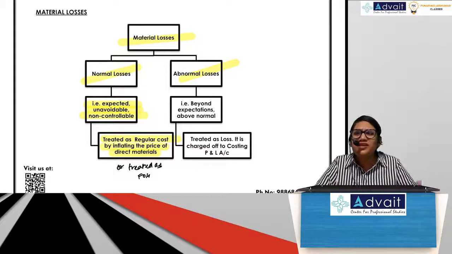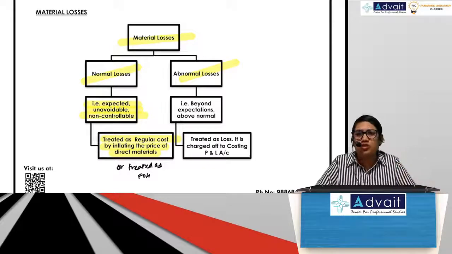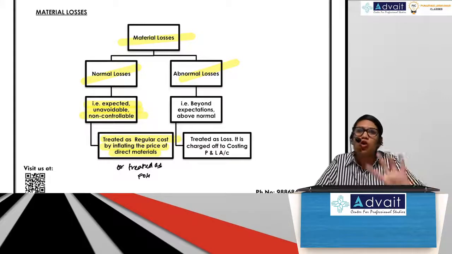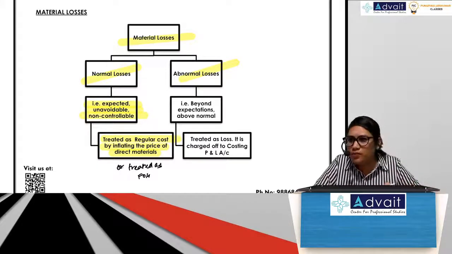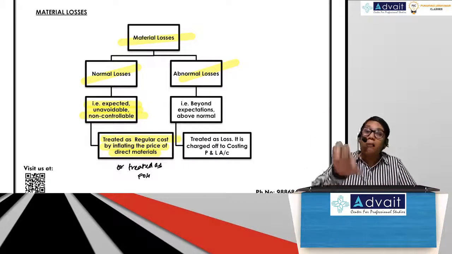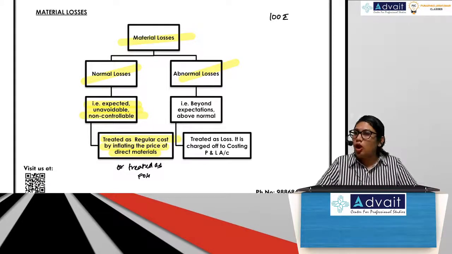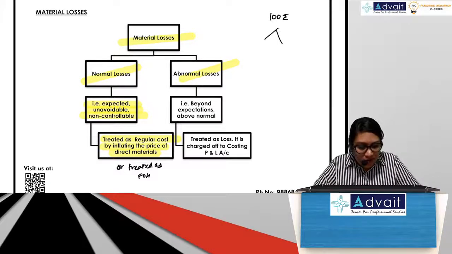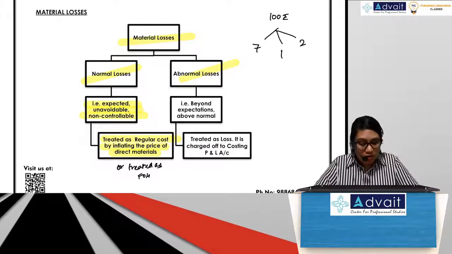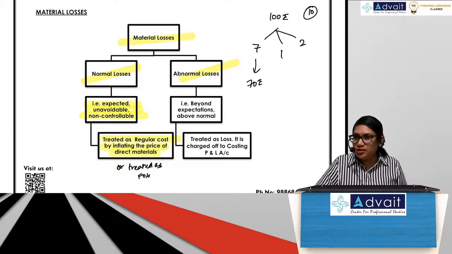If you're treating it as factory overheads, it simply means that normal loss is also going to bear cost, and since it's bearing cost, it will go to factory overhead account. That's what it means. In our apples example, 100 rupees was the cost of my 10 apples, divided as 7 good apples, 1 normal loss, 2 abnormal loss. Each apple costs 10 rupees. So 70 rupees will go to the cost sheet.